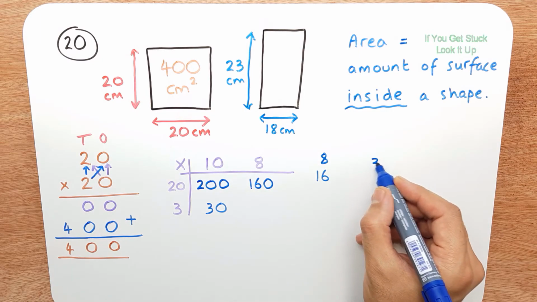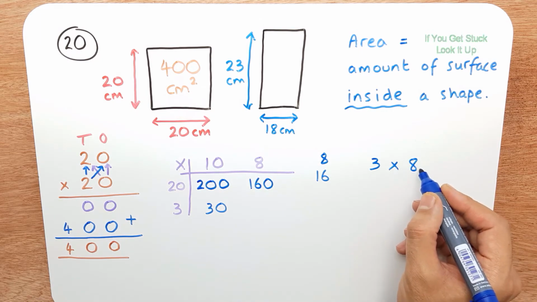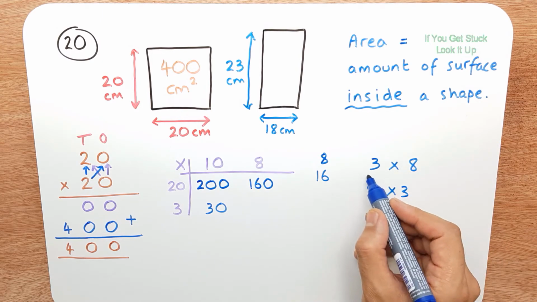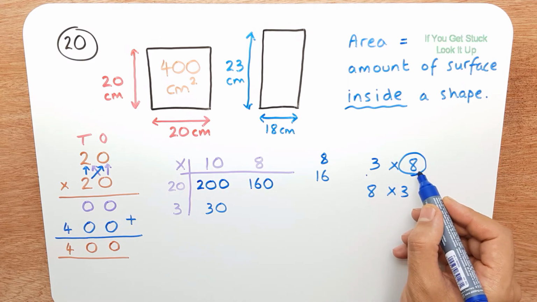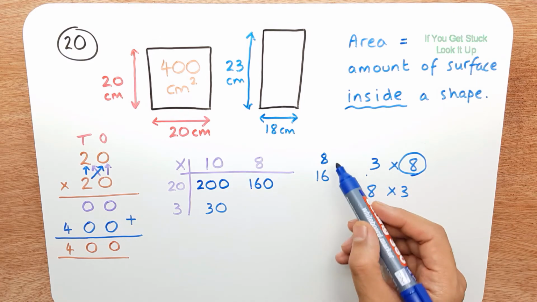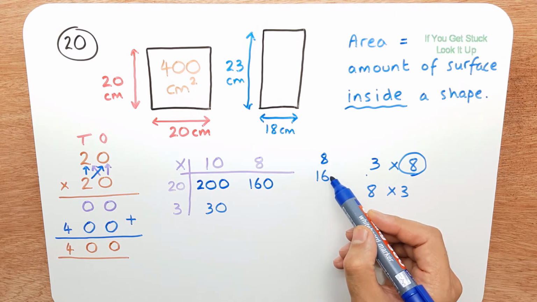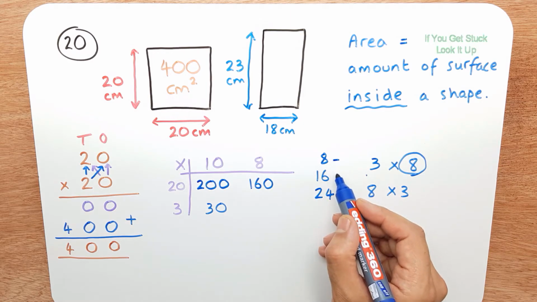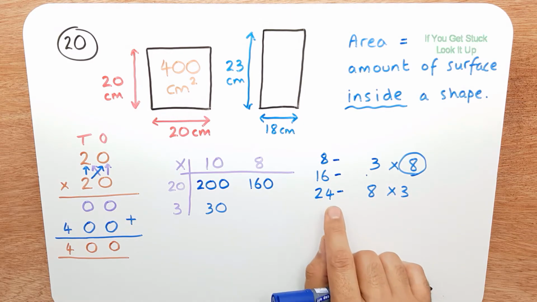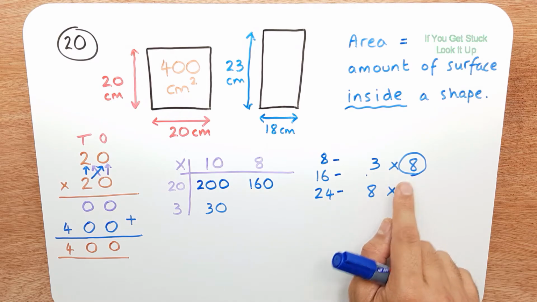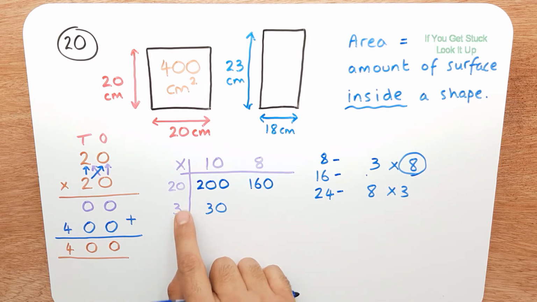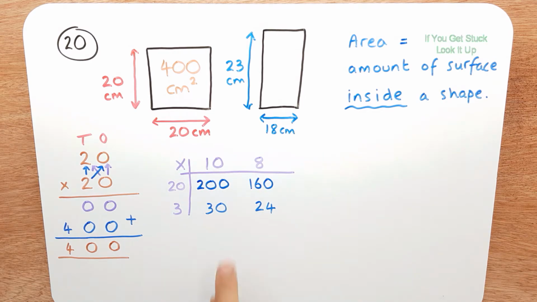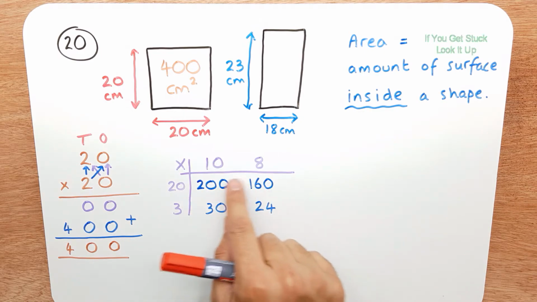And I want you to know you can do 3 times 8, or you can do 8 times 3. What I'm going to do is my 8 times table 3 times. So I started here, 8, 16, 24. So I have 1, 2, 3 lots of 8. So I want 3 lots of 8. So I know 3 times 8 is 24.